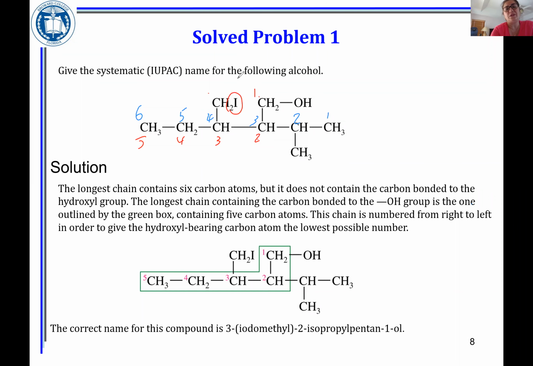The other one would include the halide. You have to go with the longer carbon chain. But when it comes to a C=C double bond, it takes priority over a long carbon chain. OH takes priority over a long carbon chain, but halides are not that significant, so they don't take priority over a long carbon chain. Any questions?